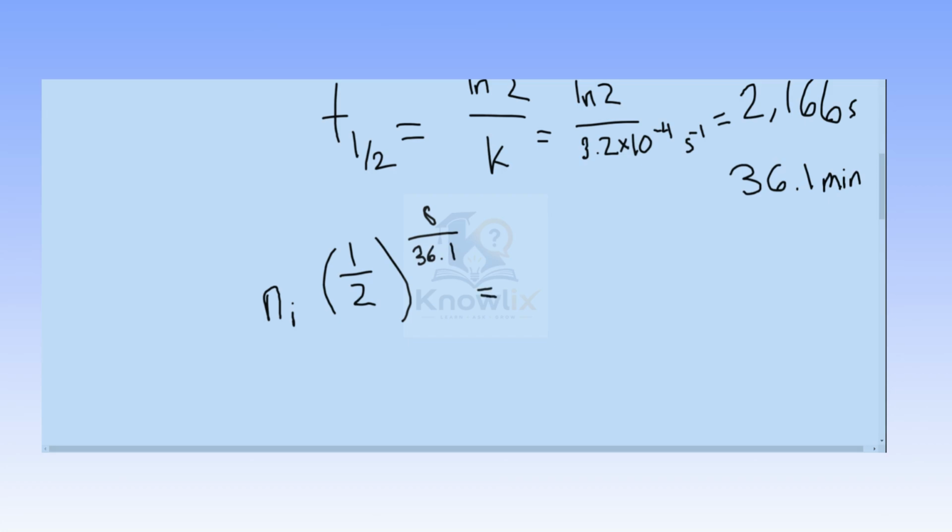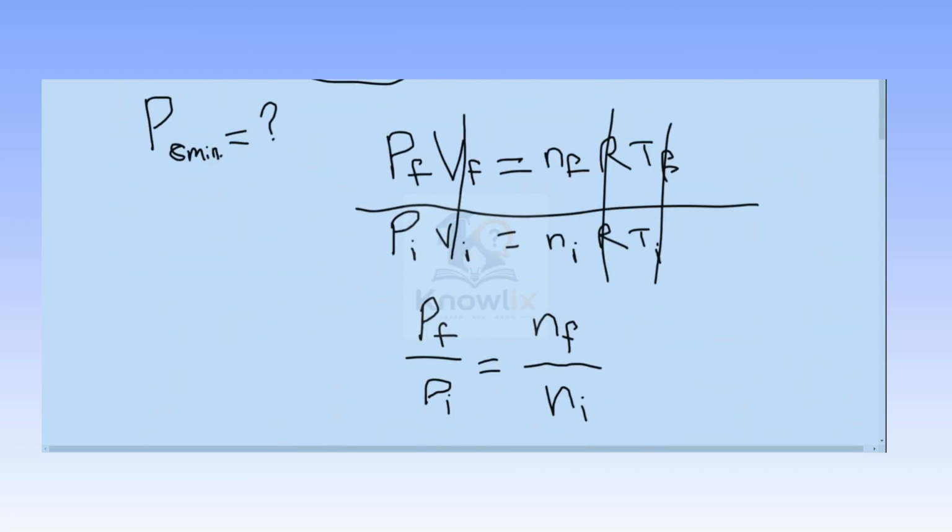So we will see that we end up with 0.858 initial moles, and that's the concentration of the dimethyl ether.